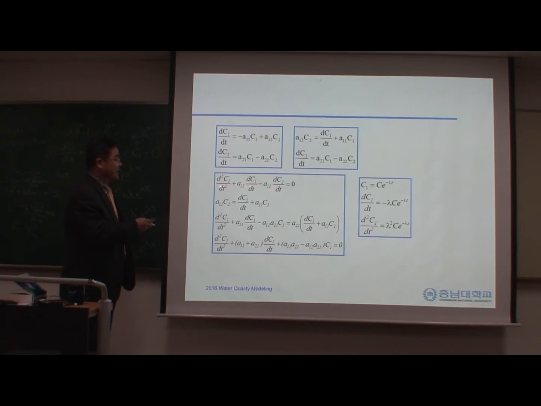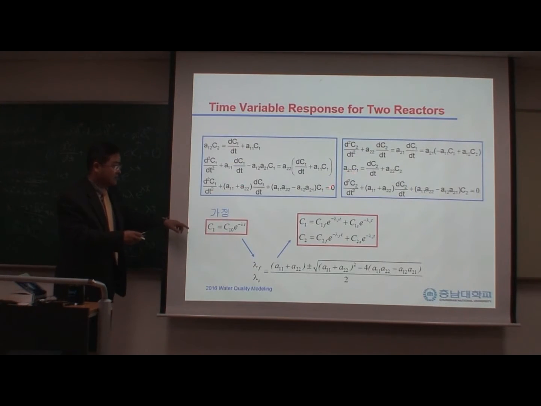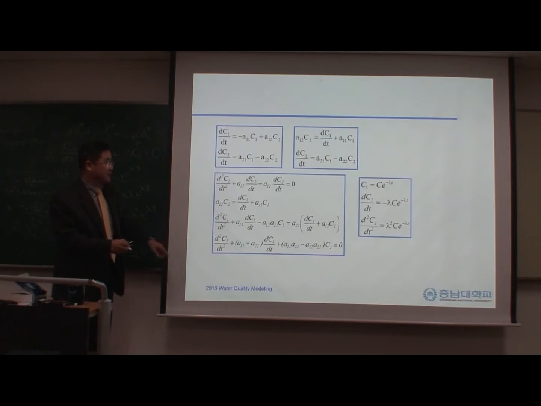Now we have a little bit different form, but we still have C2. What I have tried to do is simplify this relationship into a function of C1 only and a function of C2 only, so that I can solve things like this. So far it's okay, right?